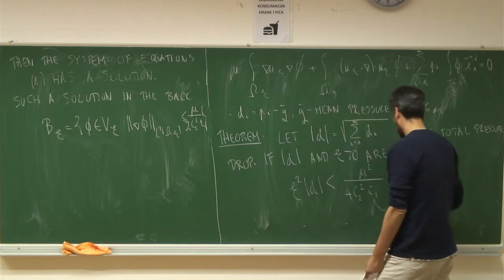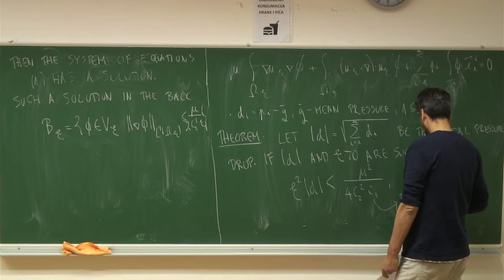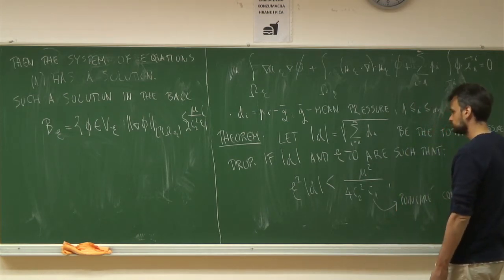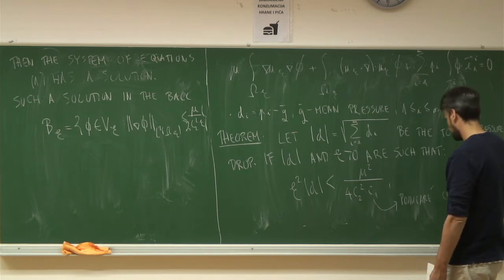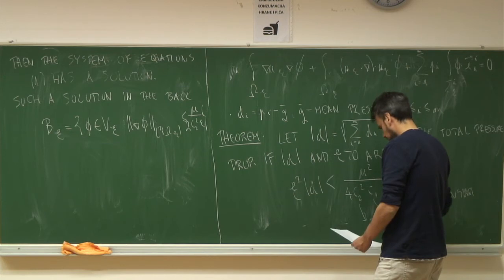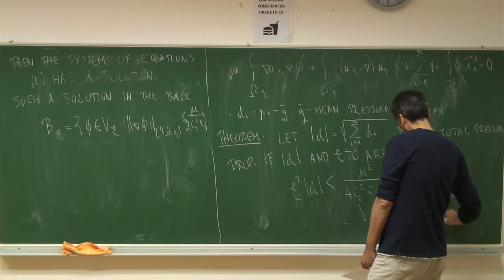So this I can write down. So this is the Poincaré constant, and this is from the embedding in L4.